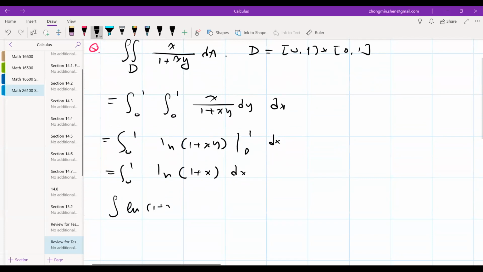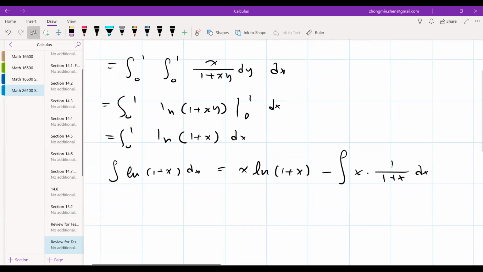Let's find the antiderivative of this function. You begin with the indefinite integral by integration by parts, which is going to be x natural log of 1 plus x, minus the integral of x times the derivative of natural log. The derivative of natural log of 1 plus x will be just 1 over 1 plus x.